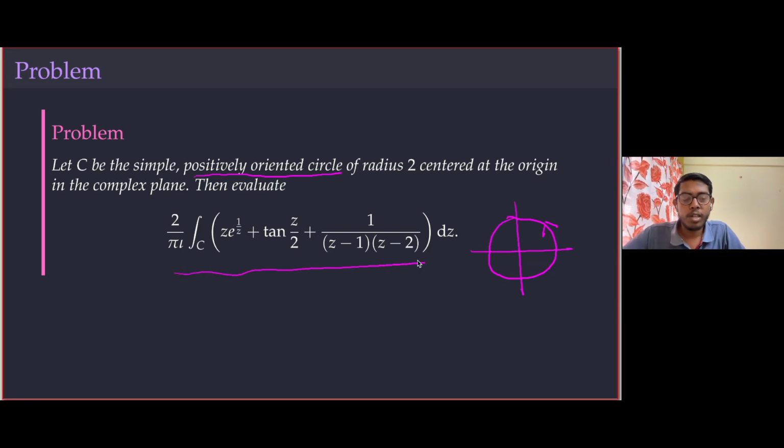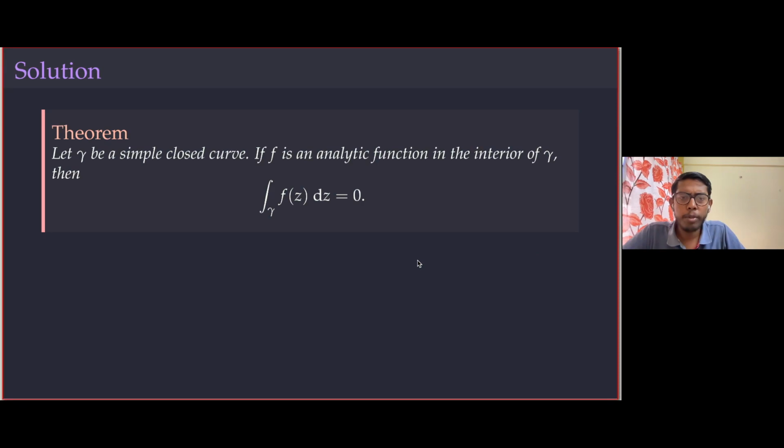So I recommend you try for a solution, and then we will proceed. I hope you have a solution. I'll be using this theorem whenever we have complex integration, called the Cauchy integral theorem.